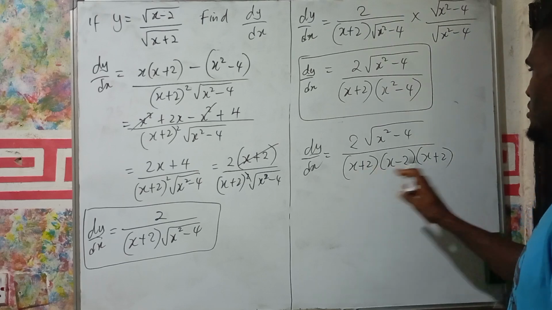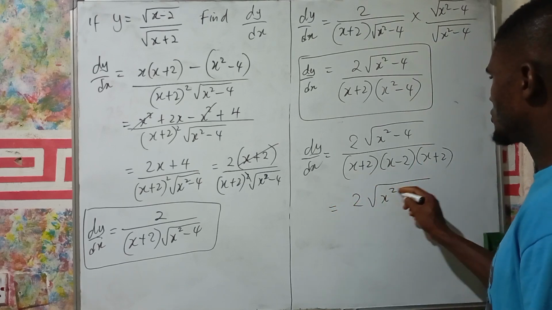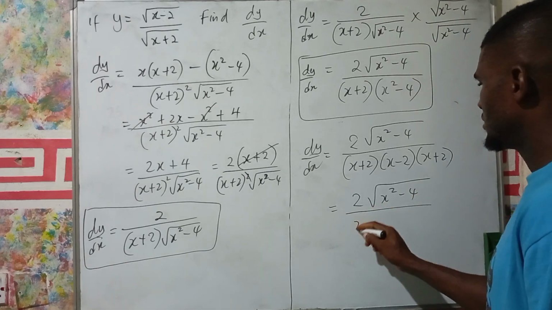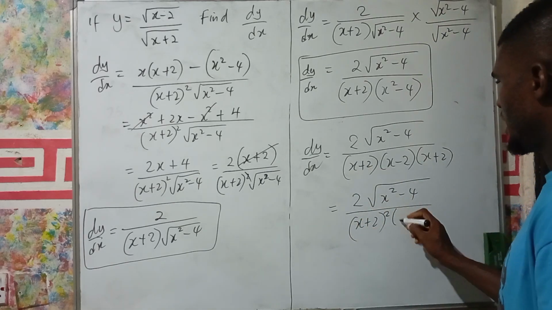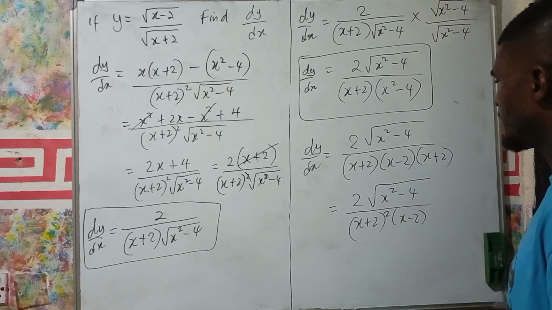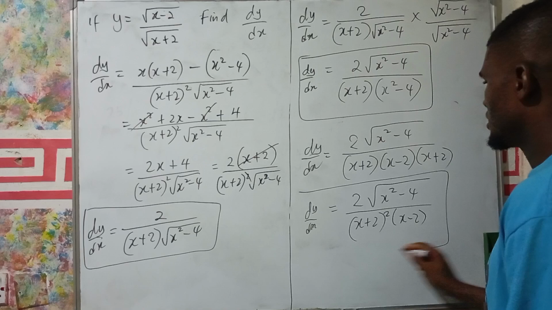Now we have x plus 2 here, so this will be written as 2 root of x squared minus 4 over x plus 2 squared because of these, and then x minus 2, this other one. Alright, so dy dx can also be written in this form.